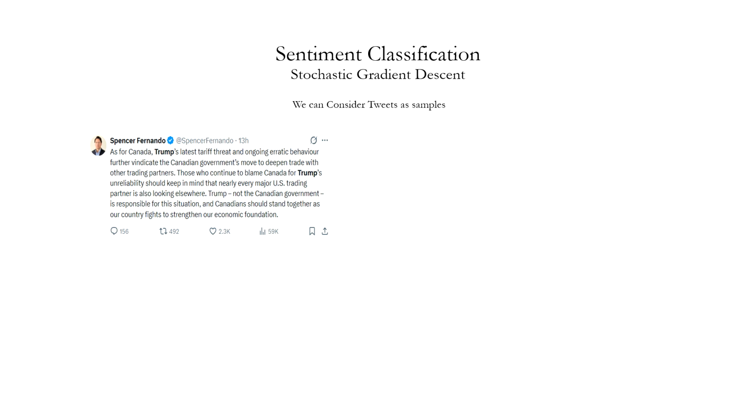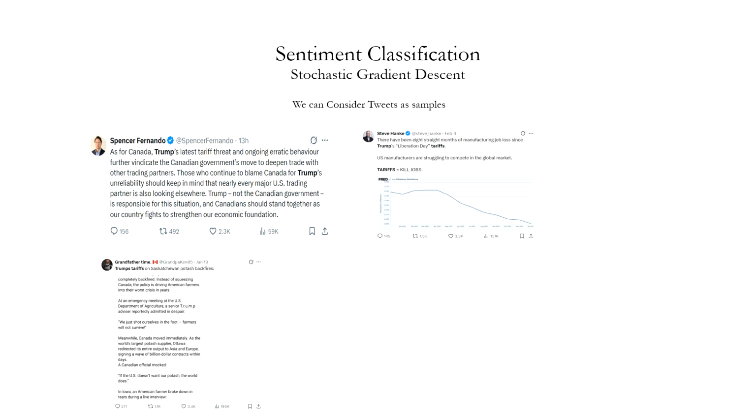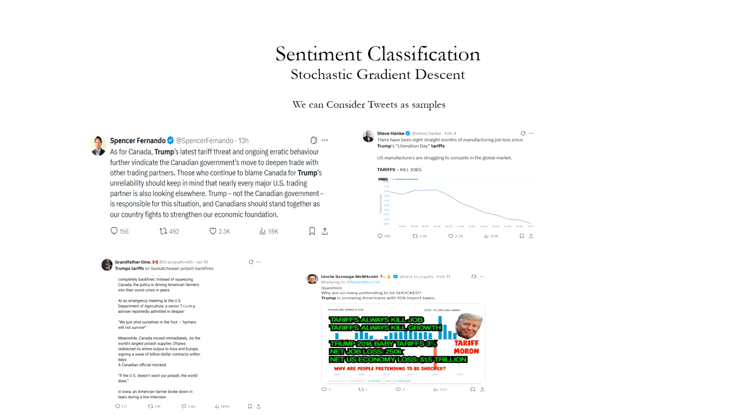So we did one example. Now what would we do if it's stochastic gradient descent? We can consider tweets as individual samples. So it's not just Spencer, we would do multiple. We would use multiple tweets, and in each tweet, we recalibrate the weights, right?